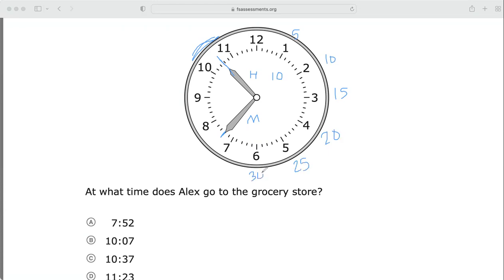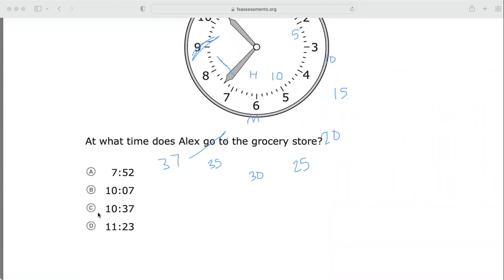At 6 is at 30 minutes. So 7 is 35 minutes. And then the little lines are for individual minutes. So it's 35, 36. So that's going to be 37 minutes. So at 10:37, which is answer choice C.